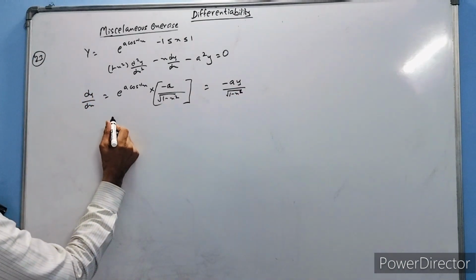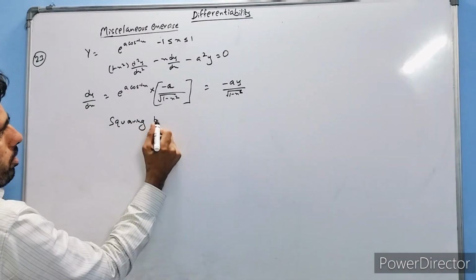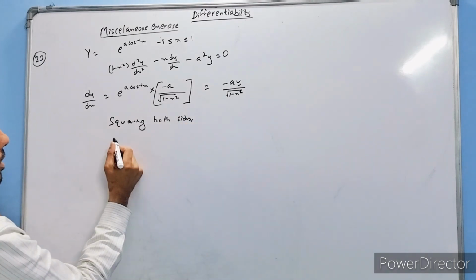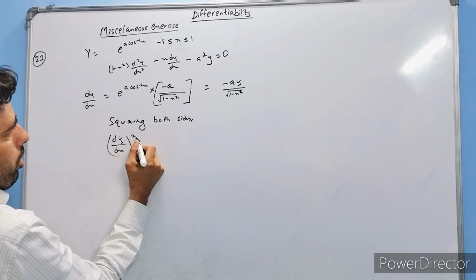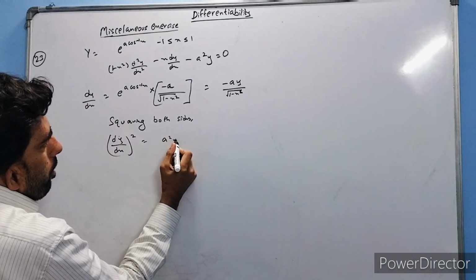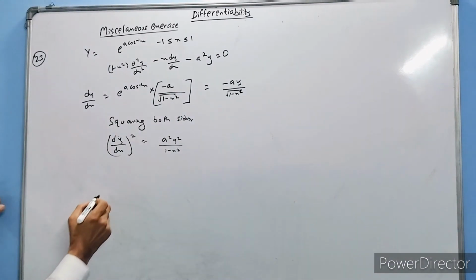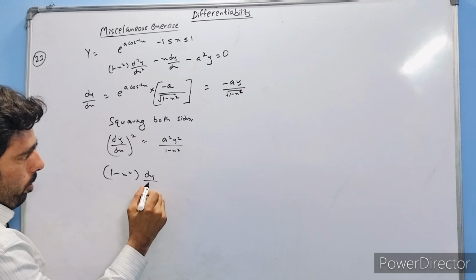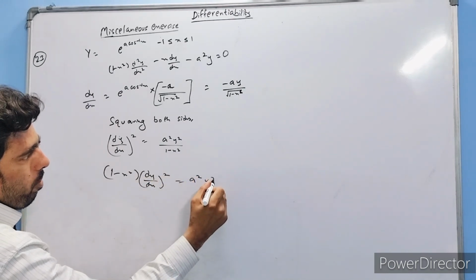Now what we can do here is square both sides. Squaring both sides, we'll have (dy/dx) whole square equals a square y square upon 1 minus x square, or I can write it as (1 − x²)(dy/dx)² = a²y².